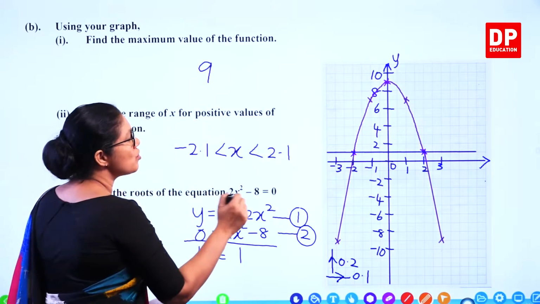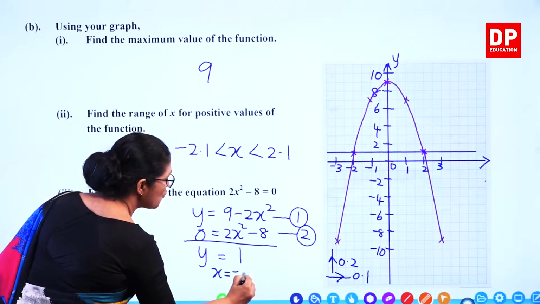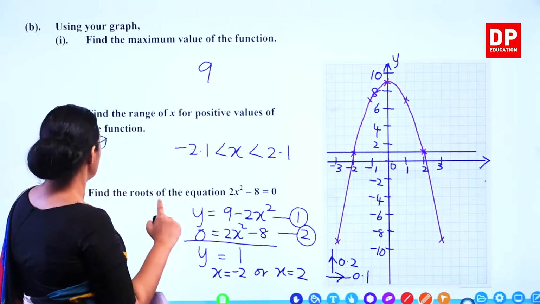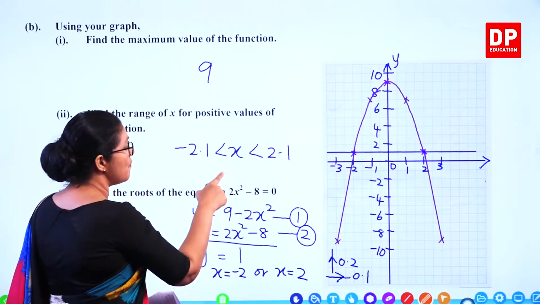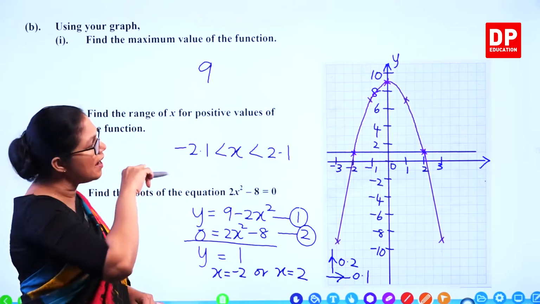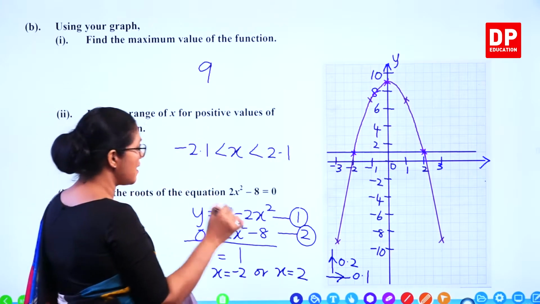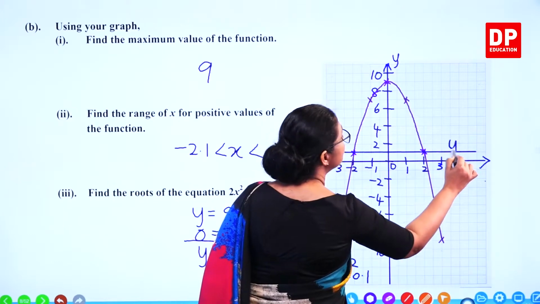So what are the solutions? X equals minus 2 or x equals 2. So those are the roots of this function. If the roots of the same equation, we can use the x-axis. But now you can't use the x-axis. You have to use y equals 1 line.